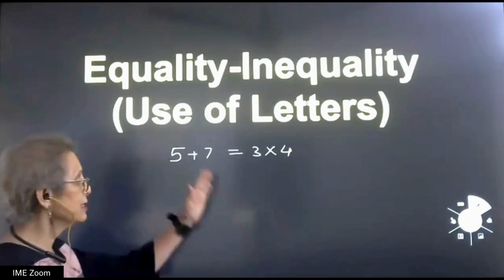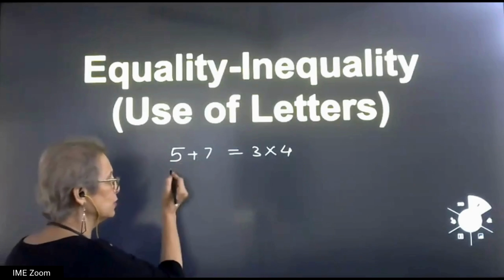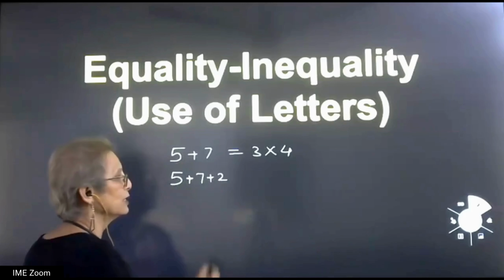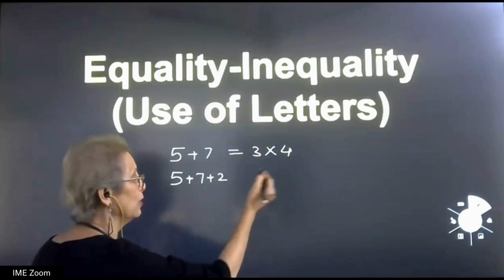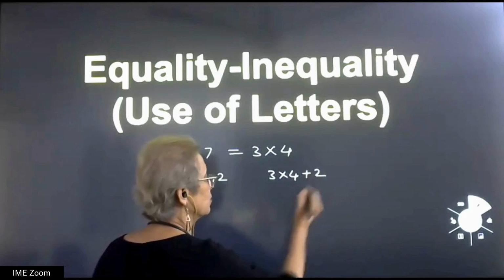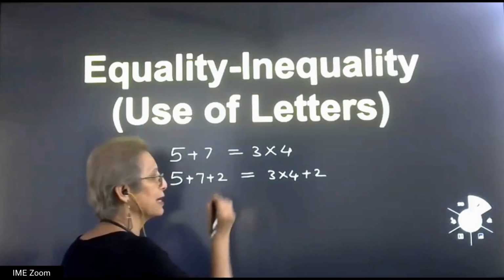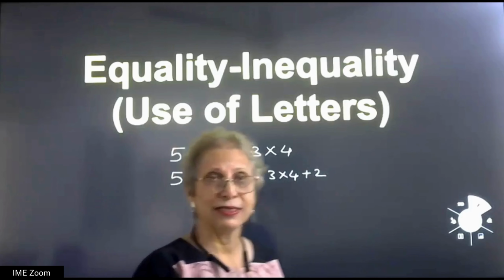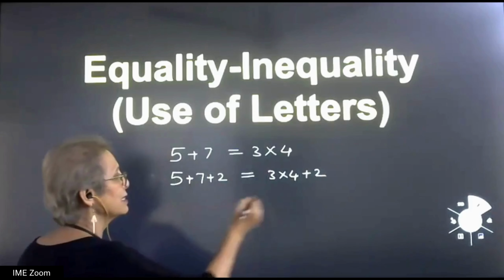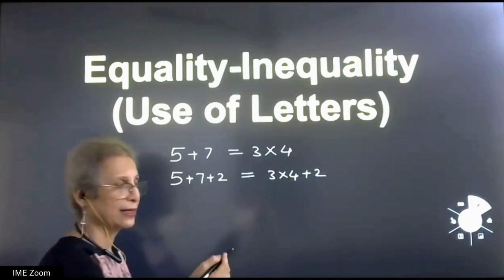This is our equality. Suppose if I add 2 on this side, that is 5 plus 7 plus 2, then I must add 2 on the other side also. That is 3 into 4 plus 2. And then only this side remains as it is. Otherwise, it will become an inequality. And that is why same function is to be done on both the sides.